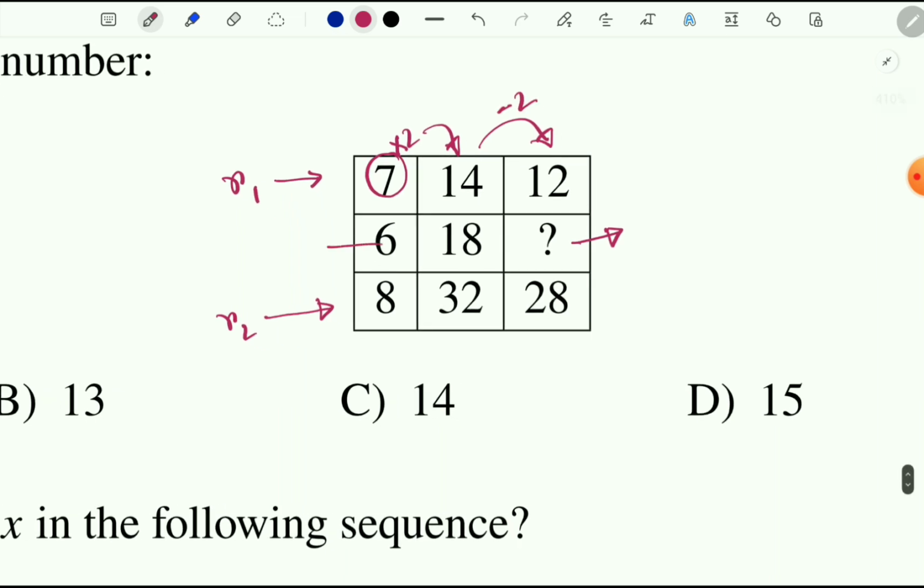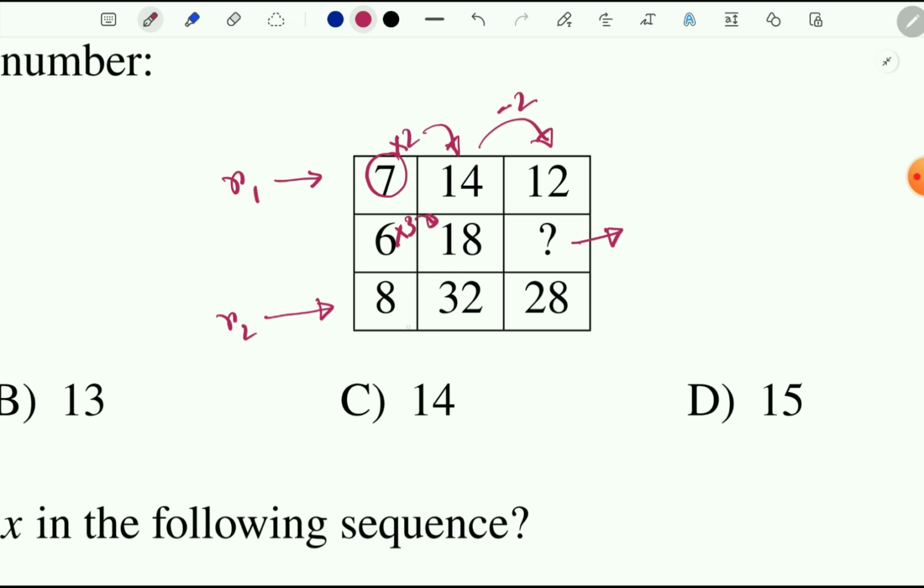For the second row we cannot, because it's not complete, to find out the relationship, we have to go here, but at least we can find a relationship between 6 and 18. We can see if we multiply 6 by 3, it will give us 18.